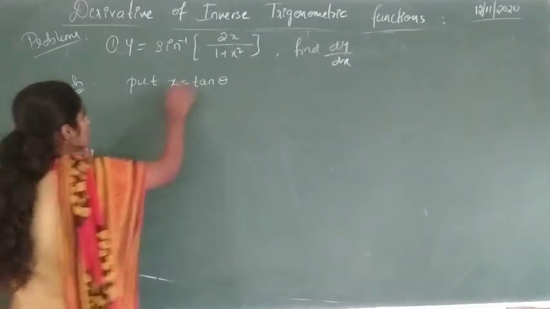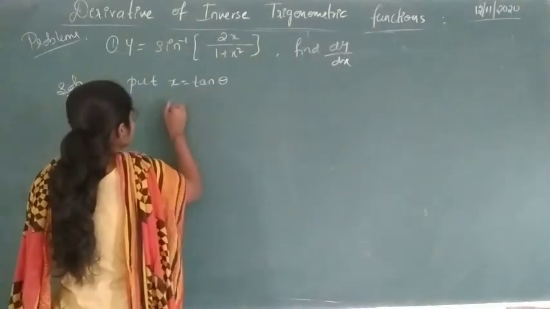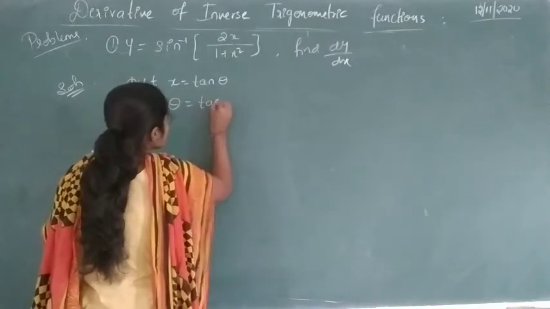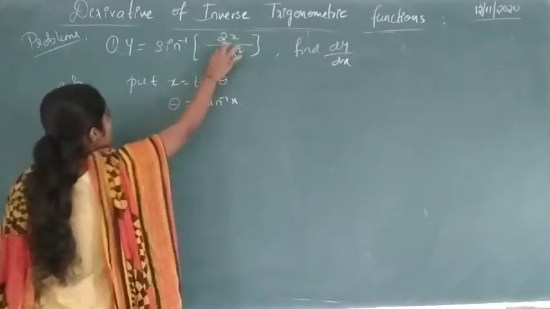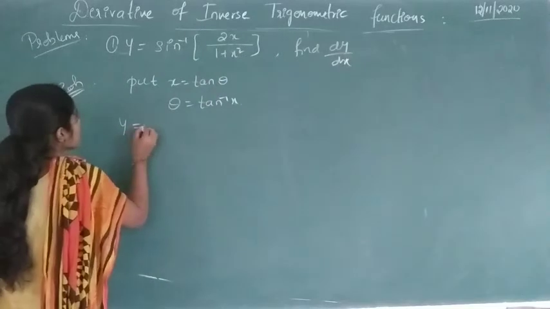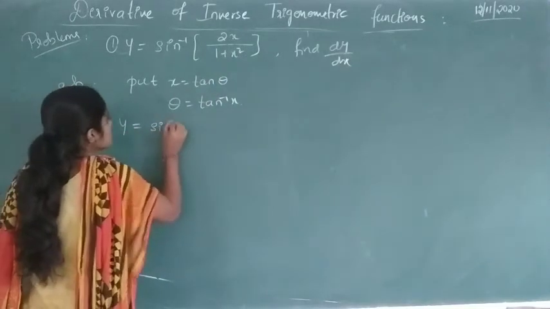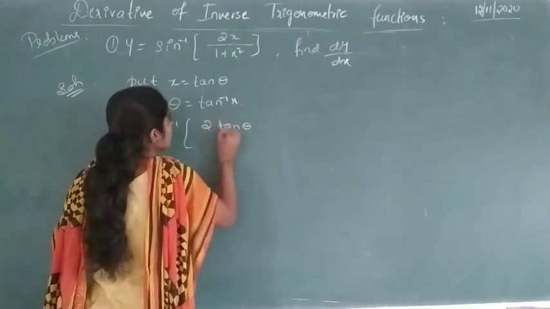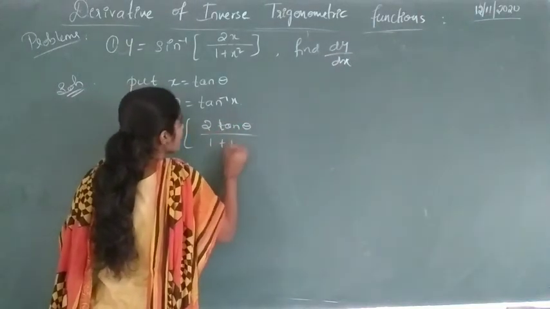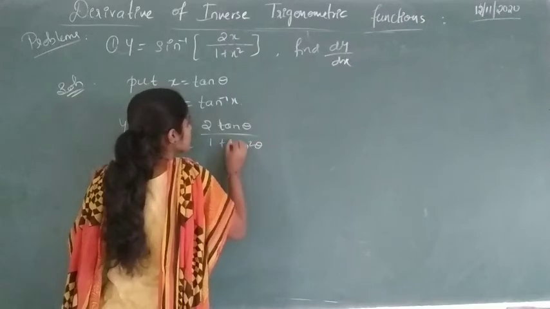So now put x is equal to tan theta. Theta is equal to tan inverse x. Okay, keep these things. When x is equal to tan theta is put, what does y become? y is equal to sin inverse of 2 tan theta divided by 1 plus tan square theta.